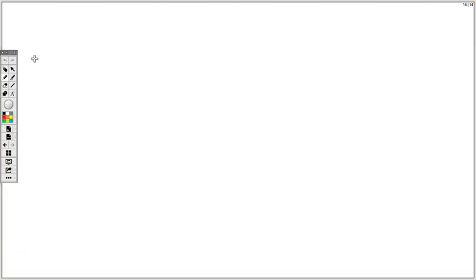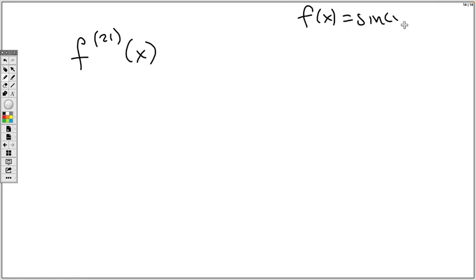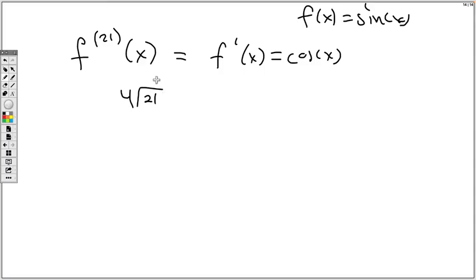So for example, if you wanted to take the 21st derivative of sine x, that would be the same as the what derivative? It would be the same as the first, right? You with me or not? You take 4 into 21 goes how many times? With the remainder of 1. You with me or not?